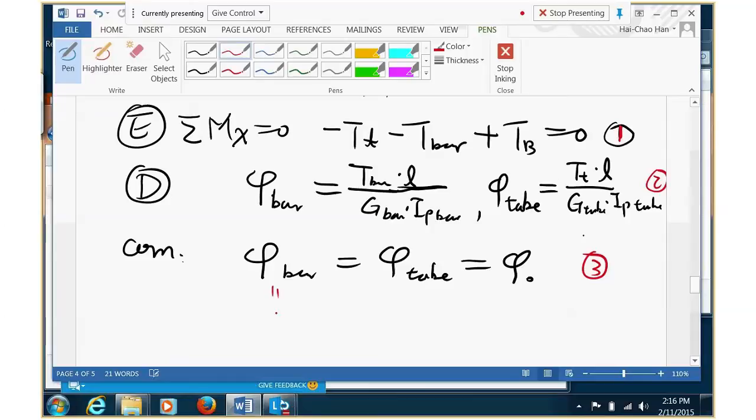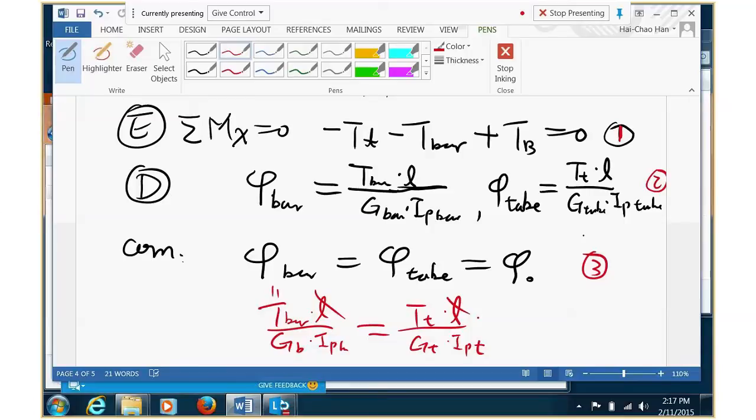So here, this one equals T bar, L, G of the bar, and then the IP of the bar. That will equal T tube, L of the tube, G of the tube, and then IP of the tube. L cancels out. You know all the other parameters except the two T's, so this gives you a relation between T bar and T tube.